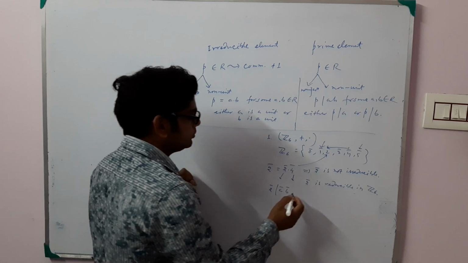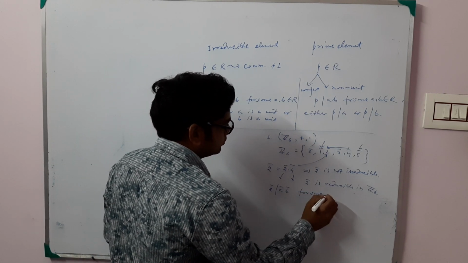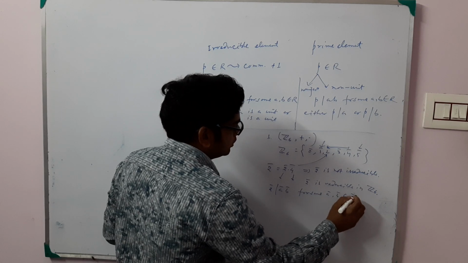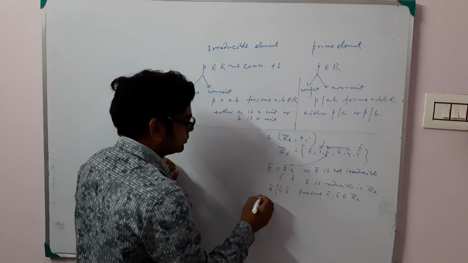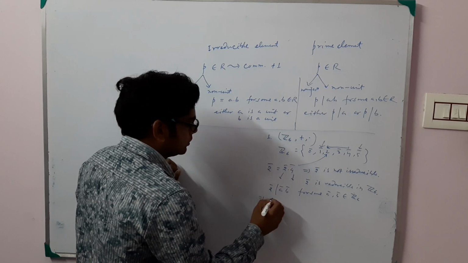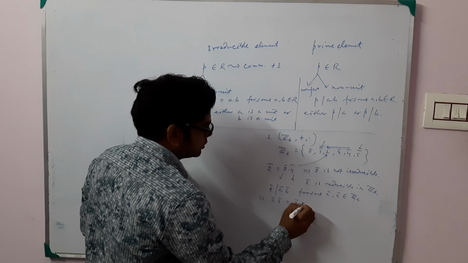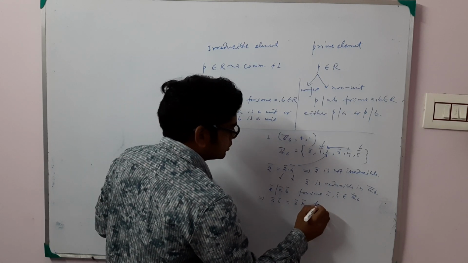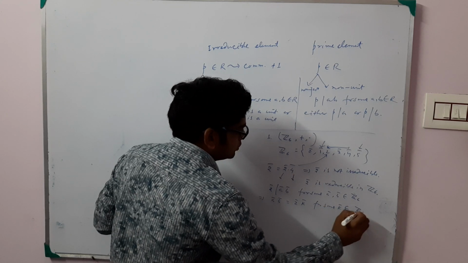Suppose that class 2 divides class A times class B, for some class A, class B in Z6. So this implies that class A class B will be class 2 times class K for some class K in Z6.